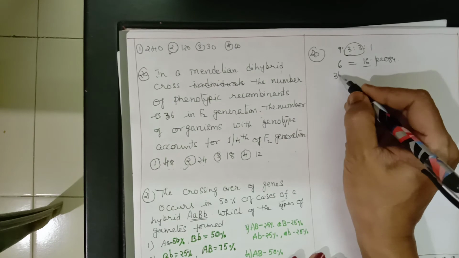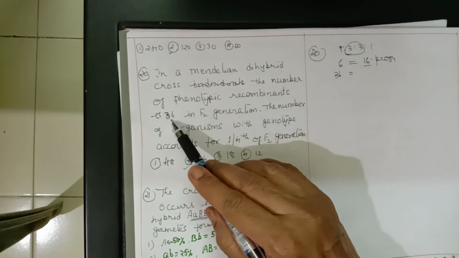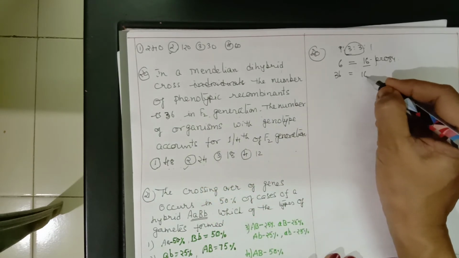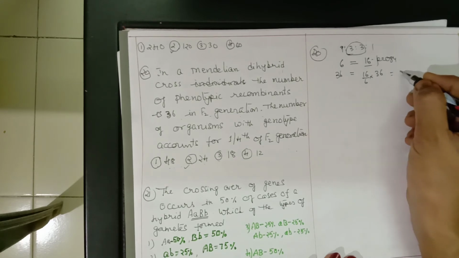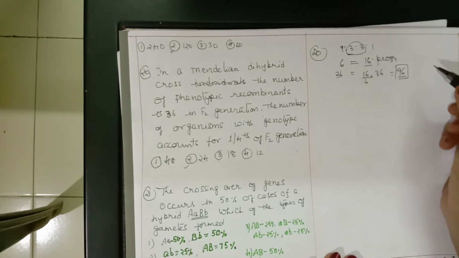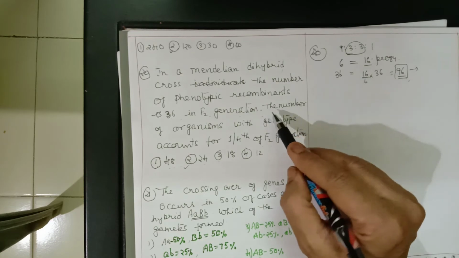Suppose 36 here, as given in the question, are the phenotypic recombinants. 36 are the phenotypic recombinants. Then we get how many? So we get like this. We get a total of 96 progeny. Total progeny according to the question, 96. What is asked in the question?